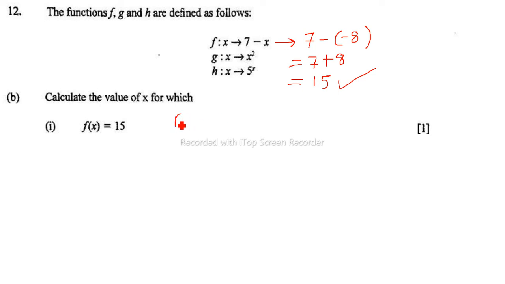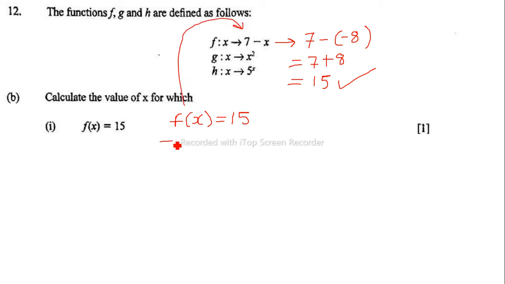So let's do the algebraic way, right? If we do not want to use random, and we want to know for sure that our answer is going to be right, we could use algebra. So f of x equals 15. We know that f of x is 7 minus x.